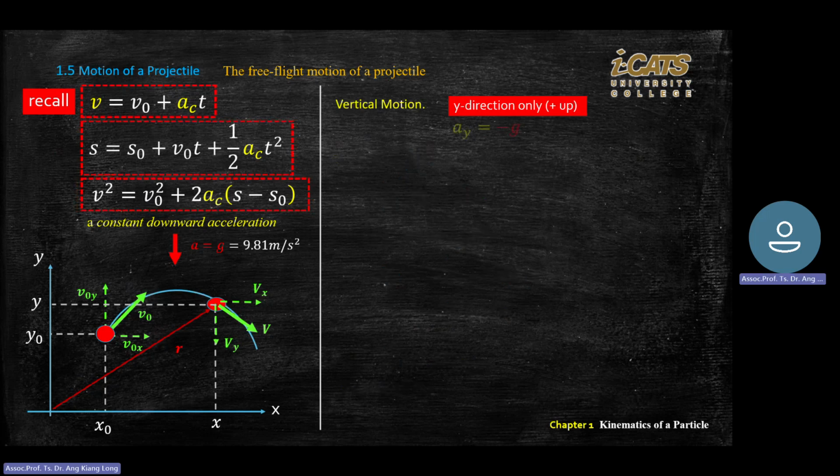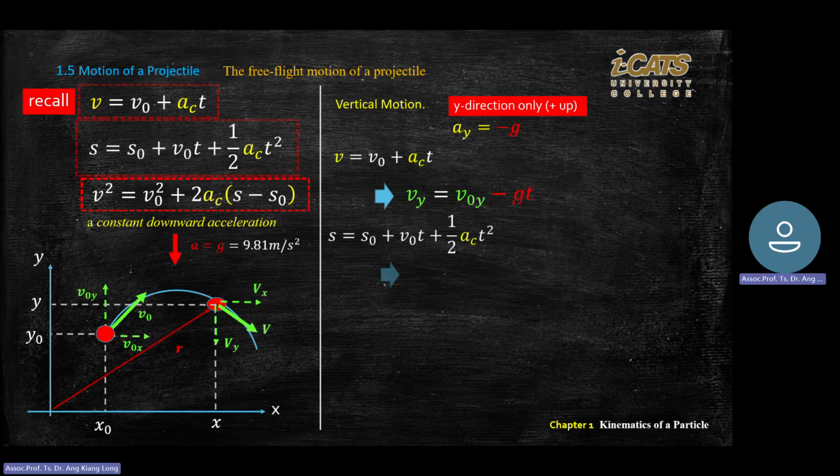Then for the vertical, you apply the y-axis acceleration going down because it's negative, because you already defined going up as positive. So you substitute minus g inside these 3 equations, and modify all the unknowns into sub y: Voy, Sy equals Soy, and so on.